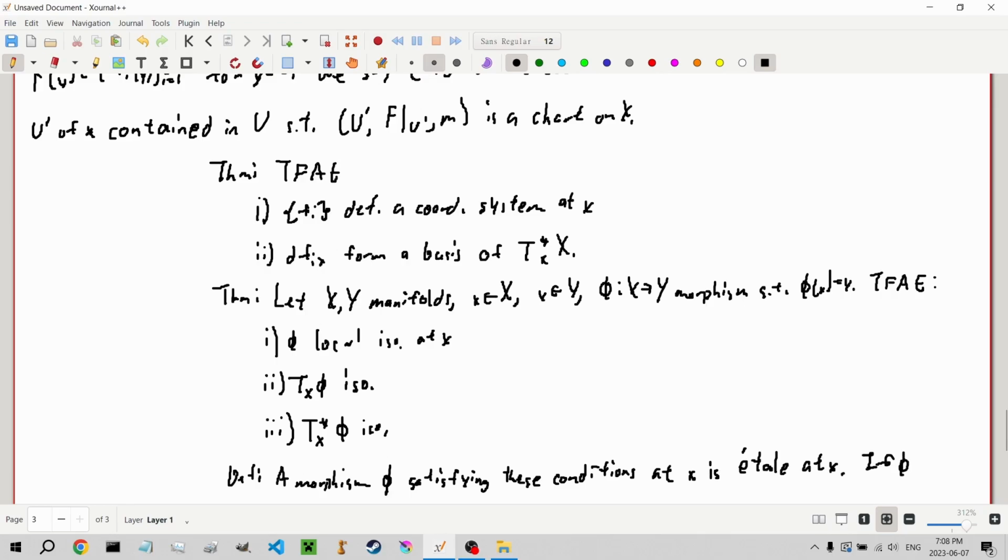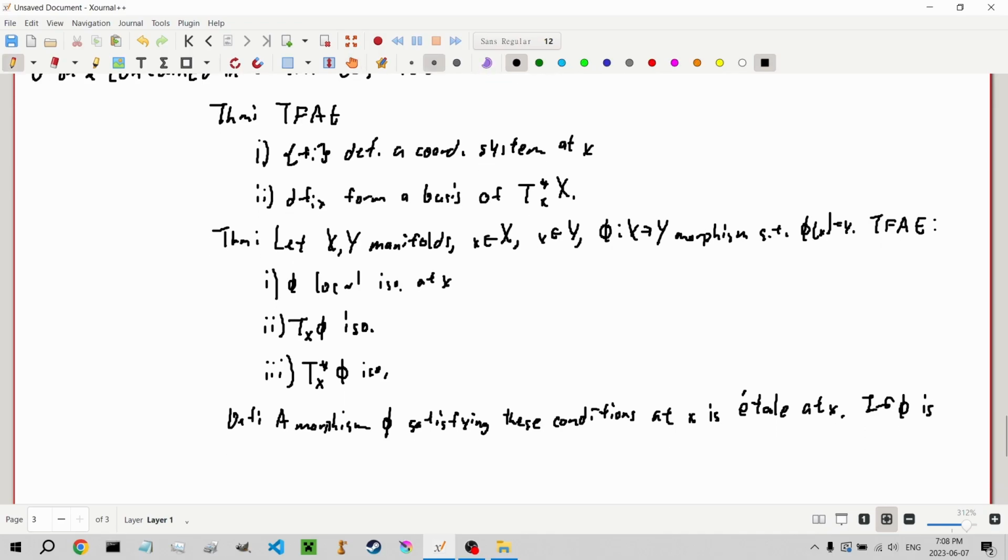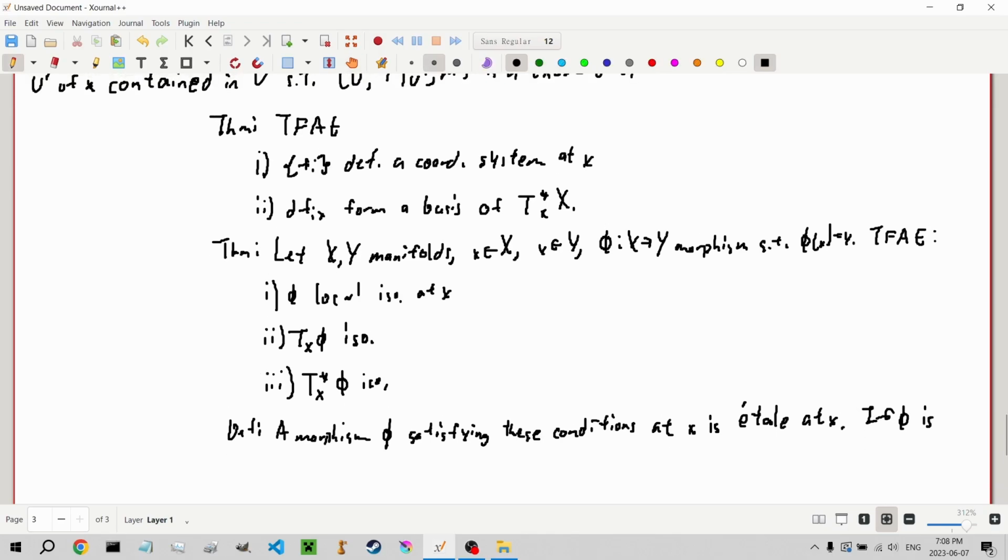If phi is étale at all x in X, phi is said to be étale.